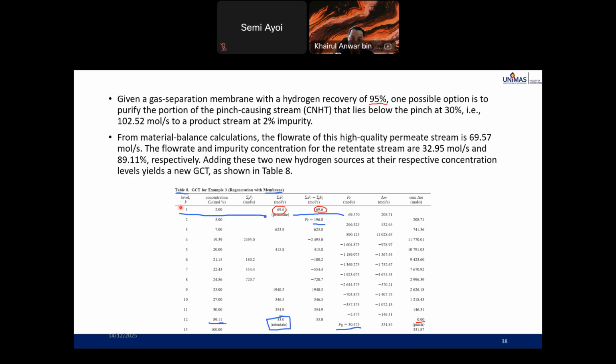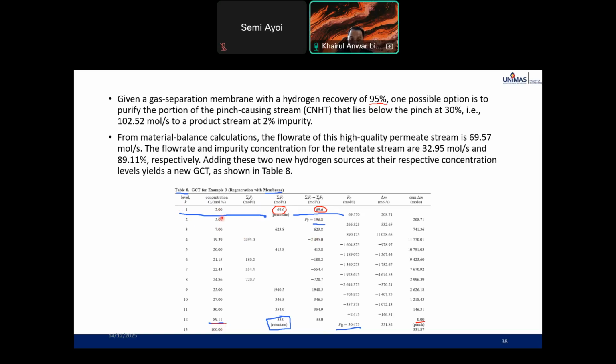If we were to regenerate, in this case, we regenerate below the pinch. So from the regeneration, there are another two concentration levels after the treatment, and the gas that cannot be treated, that has not been treated, will be part of the concentration. They need to redo it again.